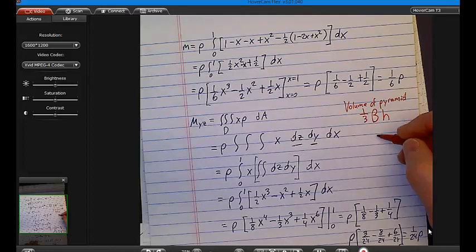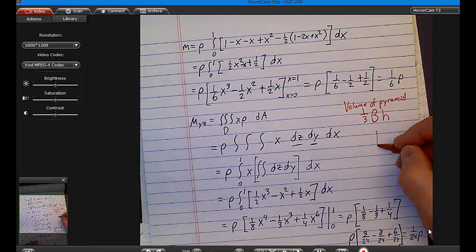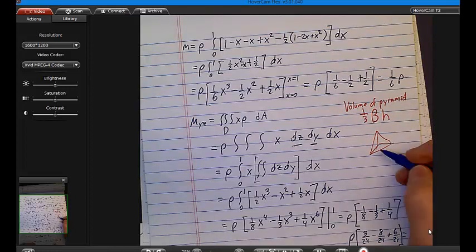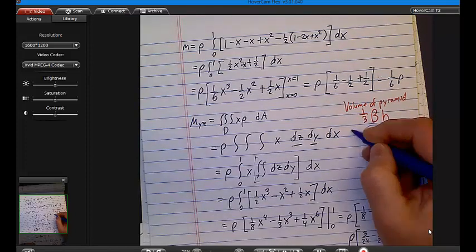So what's that look like? Well, if I decide that this is going to be the base, B, then my height, h equals 1.